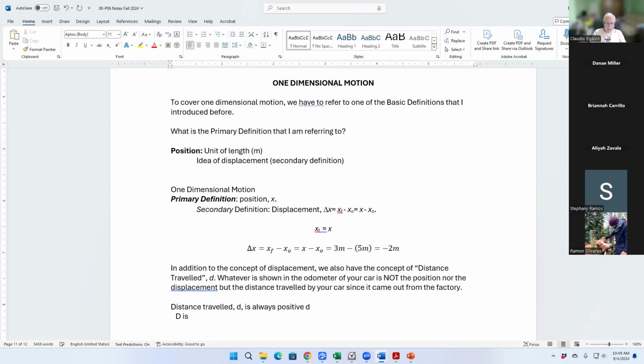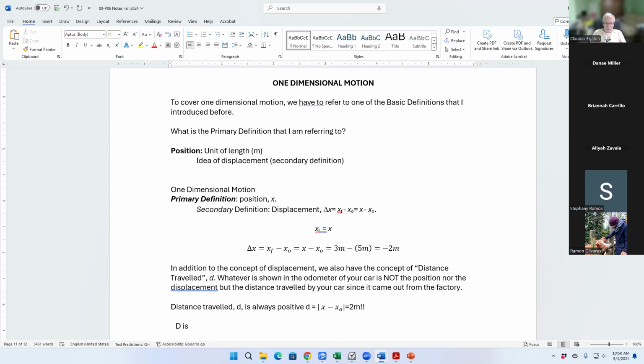And it is given by the formula, the modulus of xf minus x naught, which is, in this case, 2 meters.